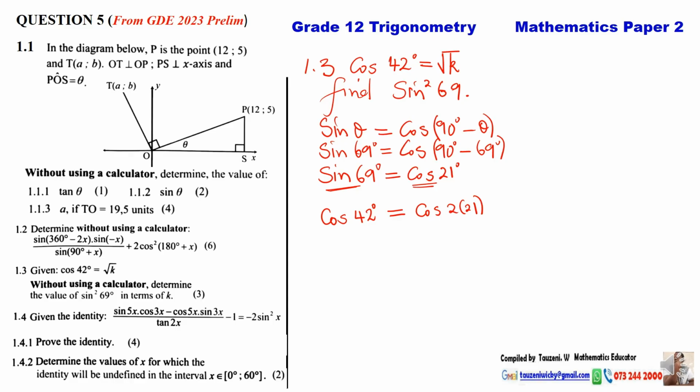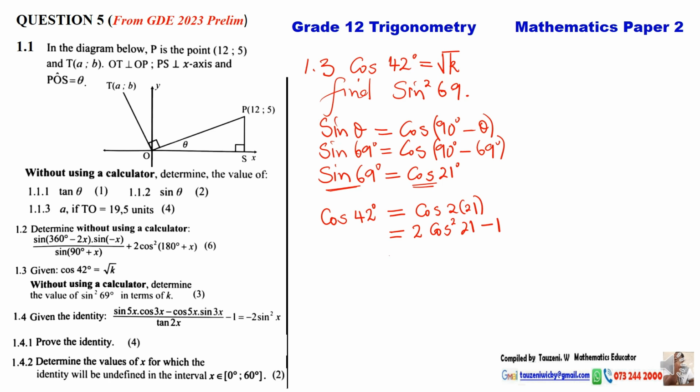Then, using the ideas of double angle identities, this is the same as 2 times cos squared 21 minus 1. This is the value of cos 21 that is coming from cos 42 by application of double angle identities.